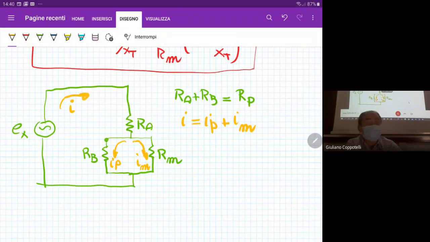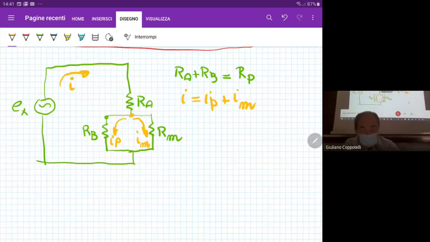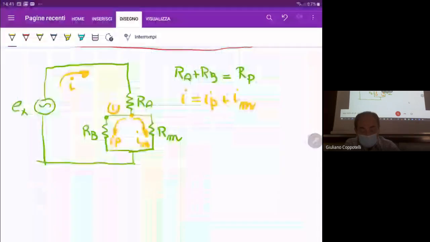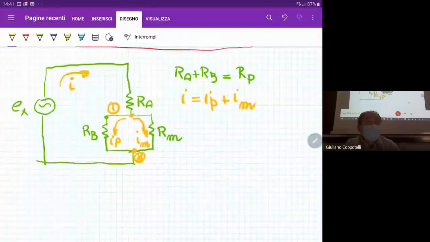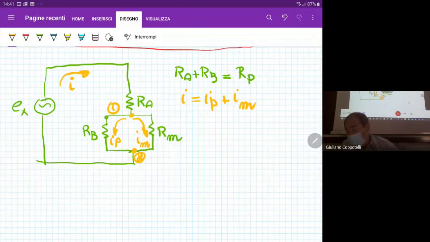From the electrical point of view, the differential of potential between these two nodes, let me call them node 1 and node 2, should be the same. So what I can say is that RB times IP is equal to RM times IM.